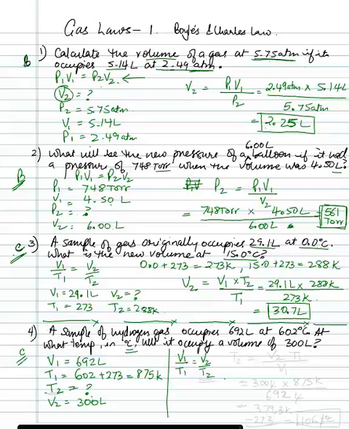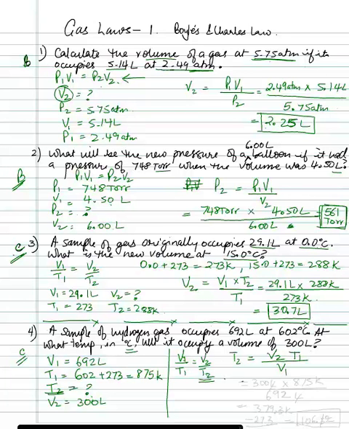We are calculating for T2, so cross multiplication gives us T2 is equal to V2 times T1 divided by V1. That is how it comes around once you rearrange the equation.